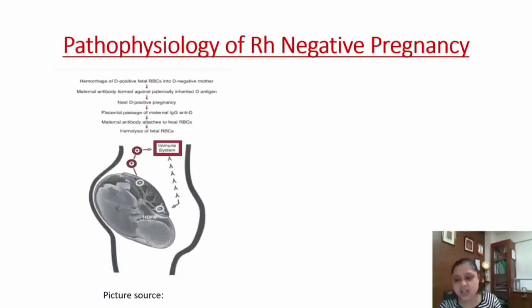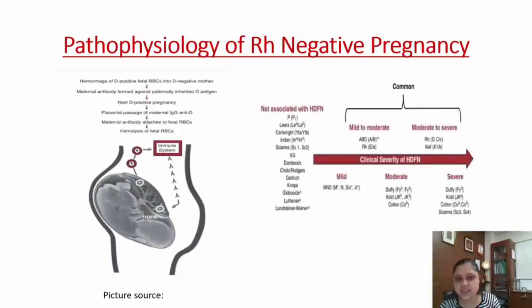This will have consequences on the next D positive pregnancy as the maternal IgG anti-D passes through the placenta, and these maternal antibodies attach to the fetal RBCs and cause the hemolysis of fetal RBCs, resulting in the hemolytic disease of the fetus and newborn.